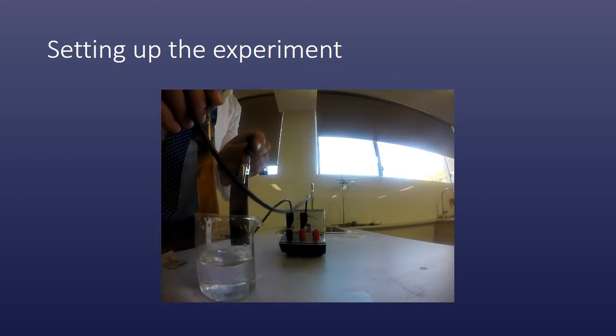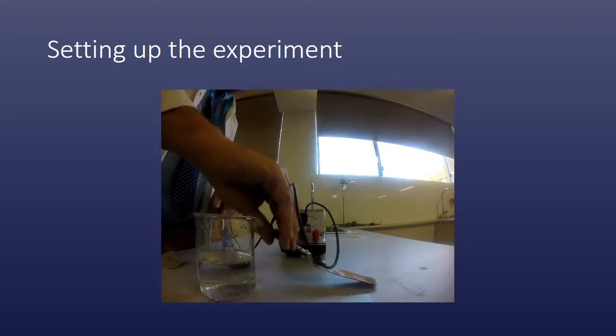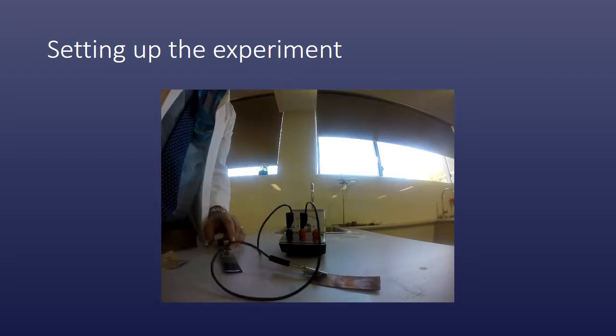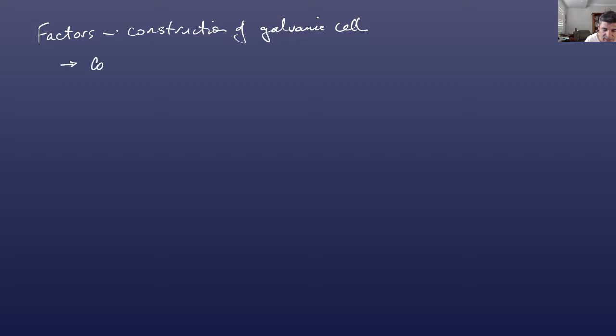So what are some of the other things that we can do in order to improve that reading? The key to this particular experiment is we want to identify some of the factors associated with construction of a galvanic cell. The important things that we need to be aware of is firstly that we have to have a complete circuit.